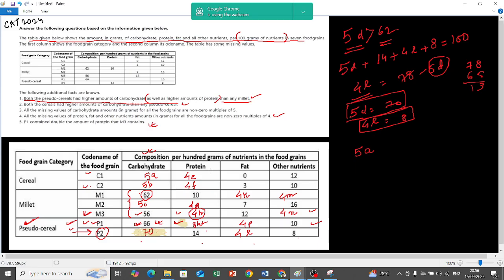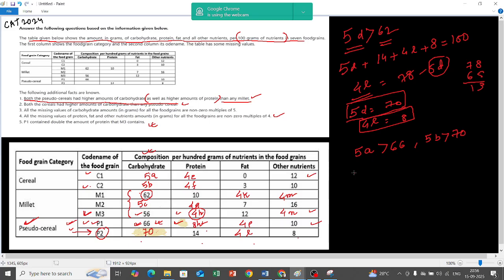So I can say that 5A is greater than 66 and I can say 5B is greater than 70, right? Because both of them contain more carbohydrate than any of the P1 and P2. So if I take that 5A contains more than P1, so 5A is greater than 66.